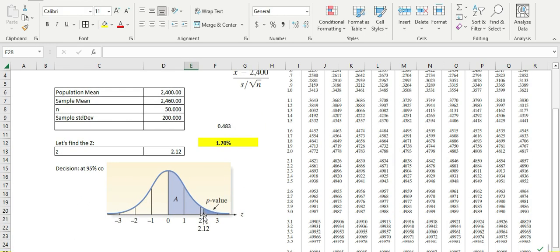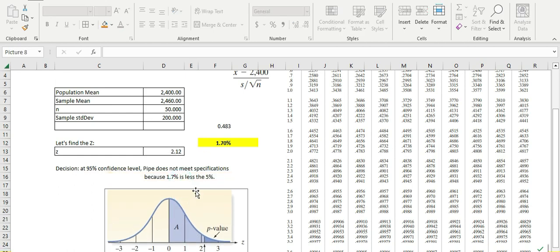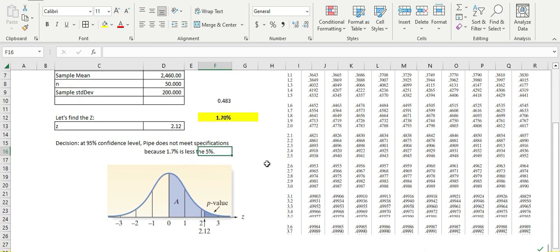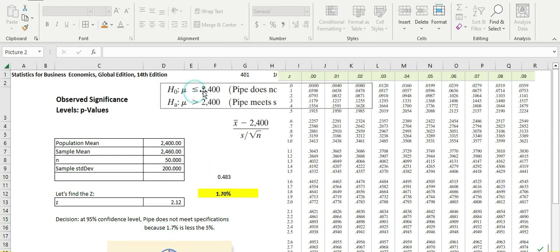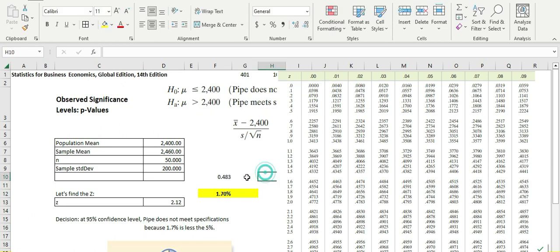We landed here at 2.12, and we use 95%. Since we use 95%, we will reject the null hypothesis and accept that the pipe meets expectations.